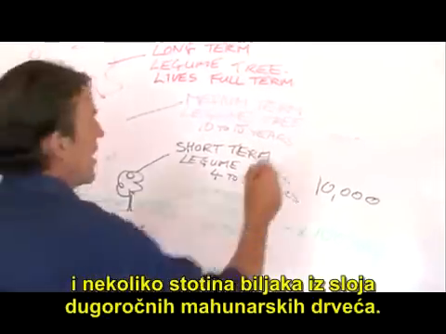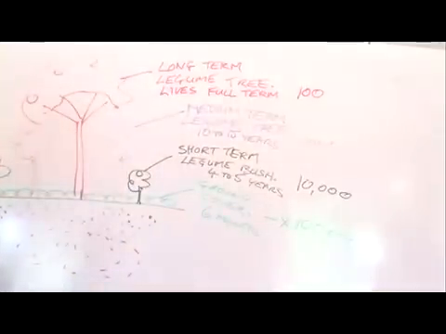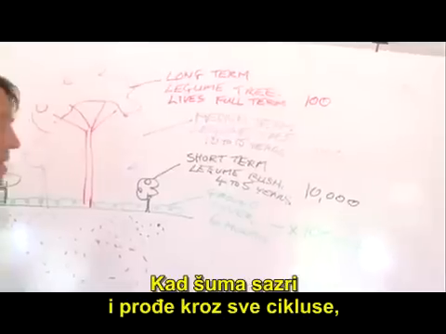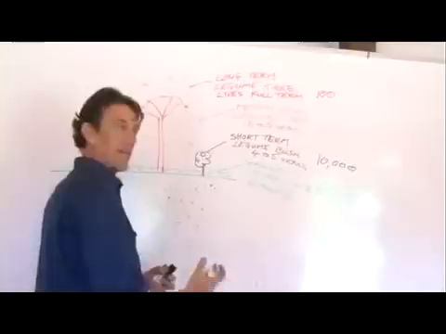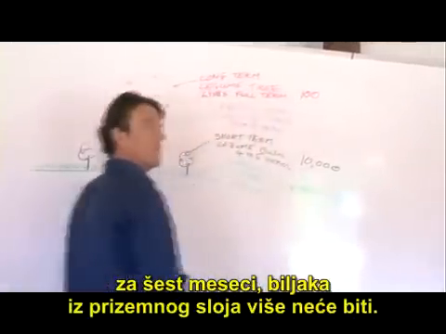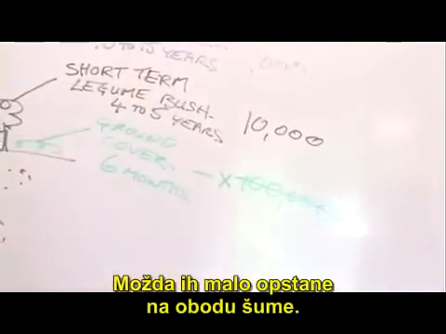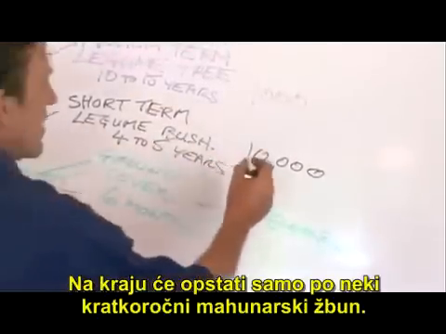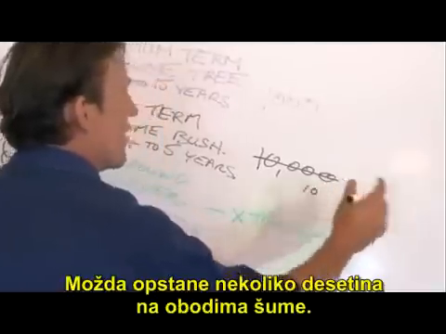And there's only 100 of these. When the forest is mature and it's gone through these cycles in time and space, in 6 months they're all gone. There might be a few around the edge that regenerate, but not many. In the end, there's very few of those. There's maybe 10 here and there around the edge.